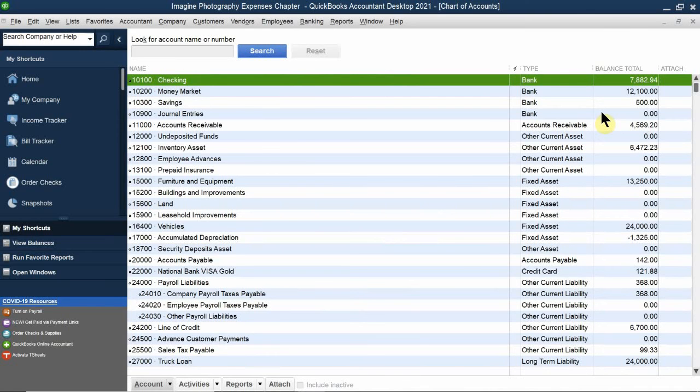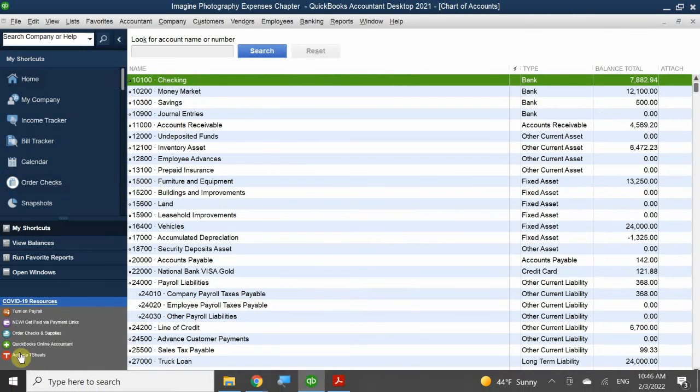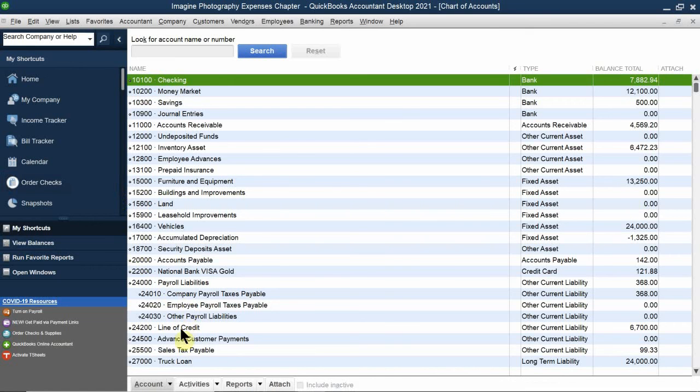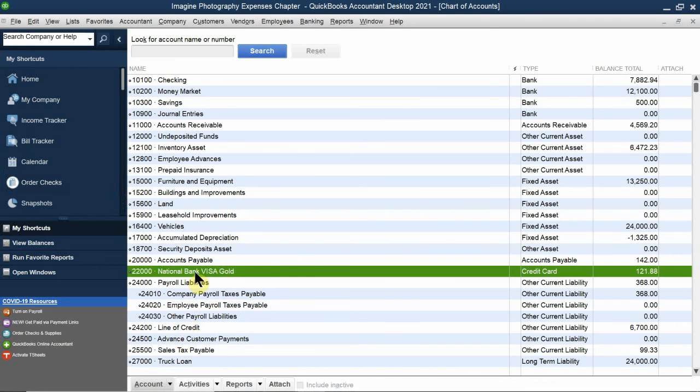Because when you get credit card statements, it doesn't require you to pay off the entire balance. It only requires you to pay a minimum payment. But don't forget, you have to include the interest that you could possibly be charged. And we'll talk more about this in chapter 5 when we talk about reconciliations and what it means to pay off a credit card.